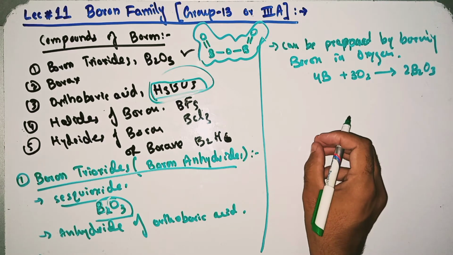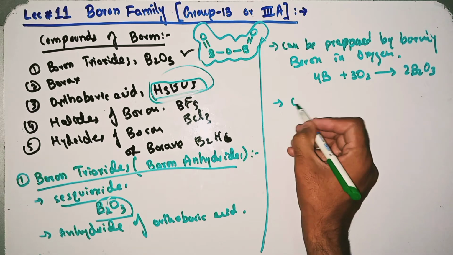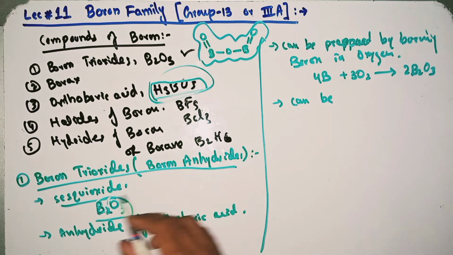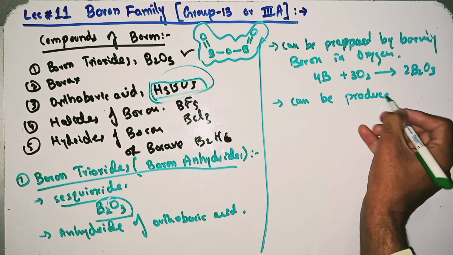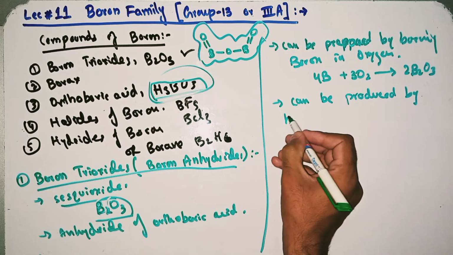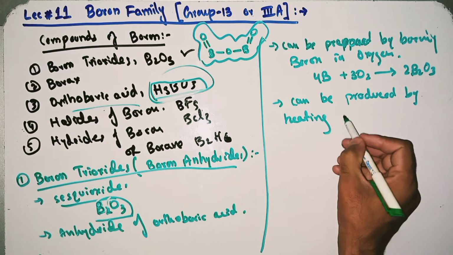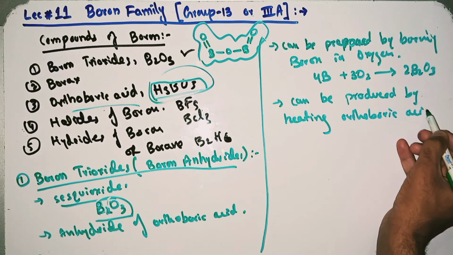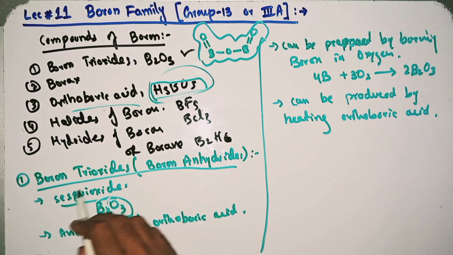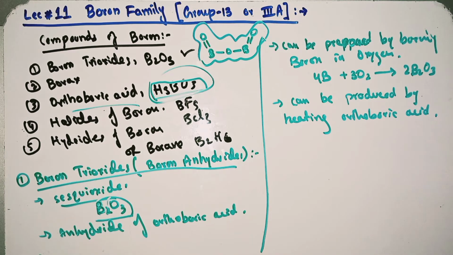It can also be produced by heating orthoboric acid. Boron trioxide or boron anhydride can be prepared by heating orthoboric acid.